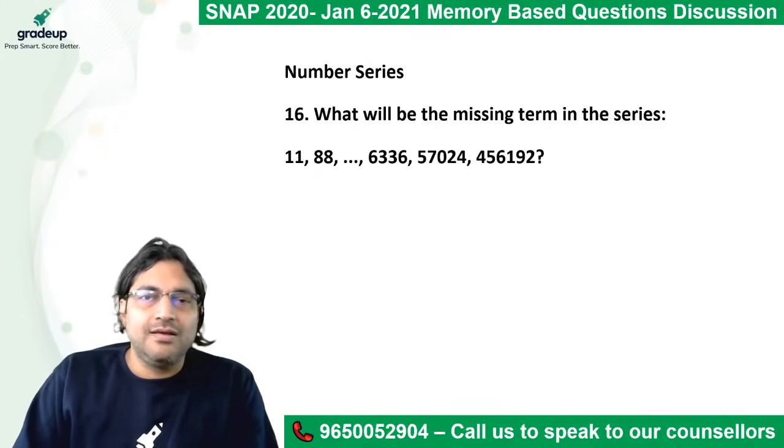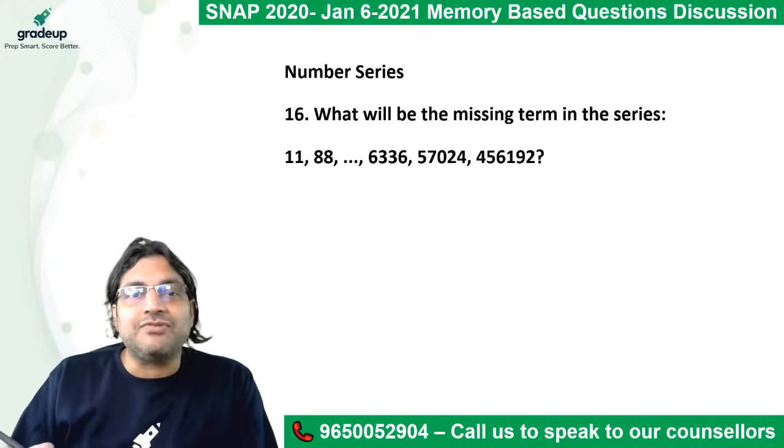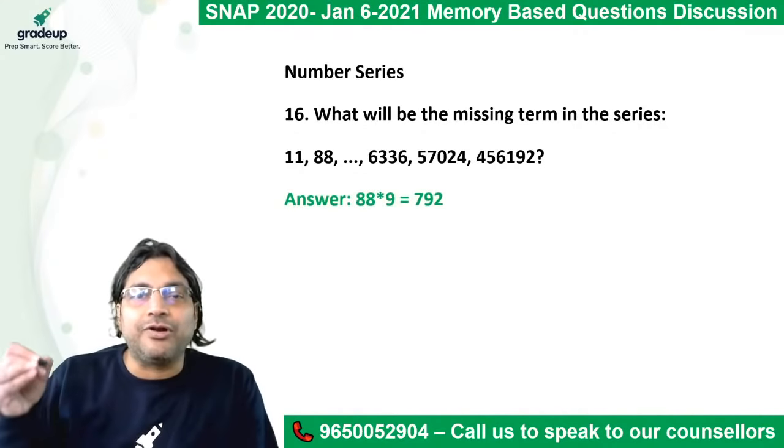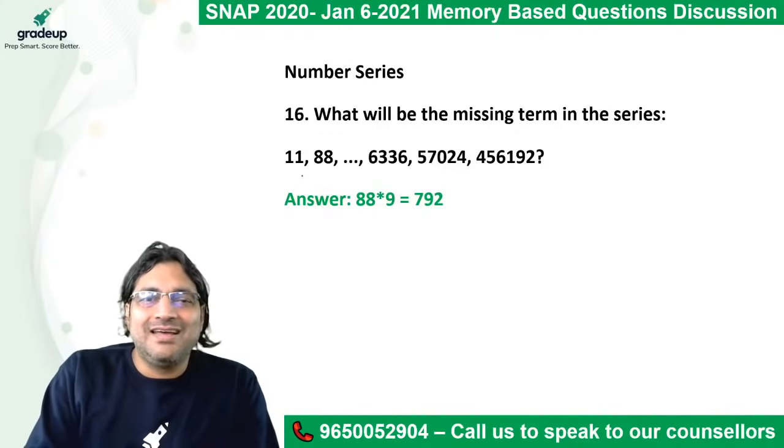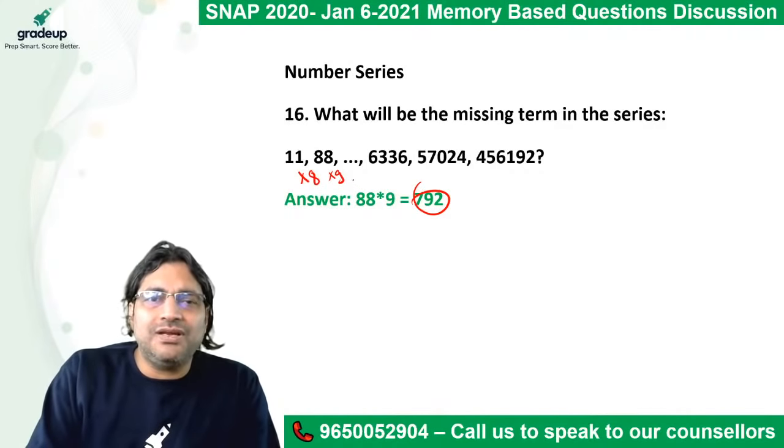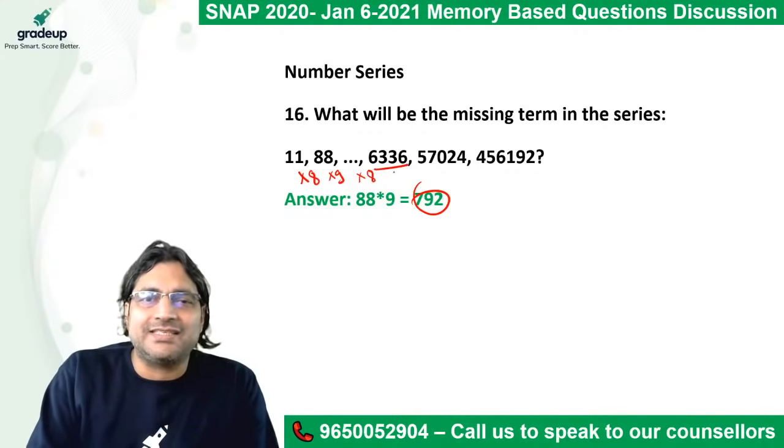Okay. Then the series question which I was not able to recall yesterday, I have been able to recall it today. Okay, and the answer is 792. Look, 11 into 8 is 88. 88 into 9 is 792. Right. Now 792 into 8 is 6336.